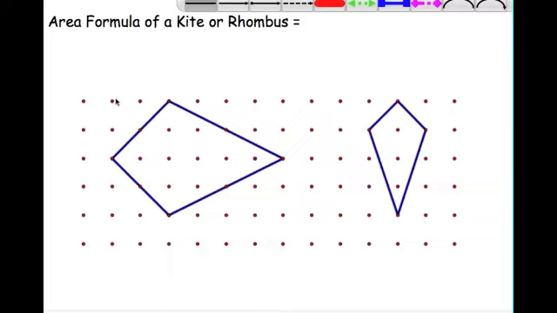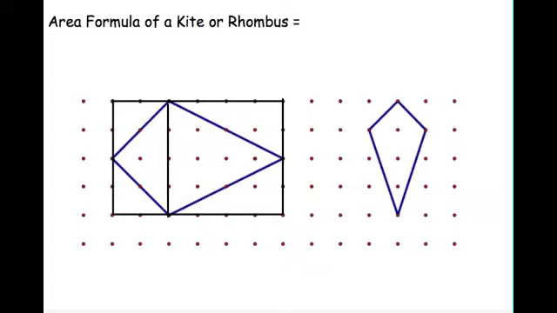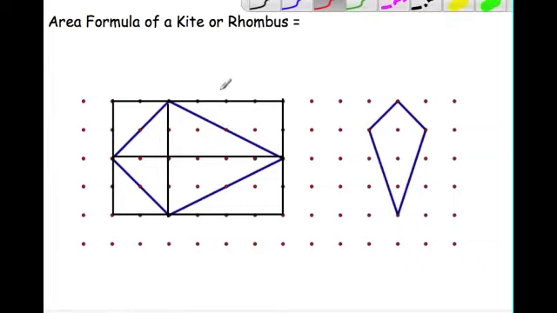So what we're going to do is draw a rectangle around this kite. And what we're going to find is that the base and the height of this rectangle are going to be the same as the diagonals of this kite. So there's the height, there's the base. And so again, we take it base times height.